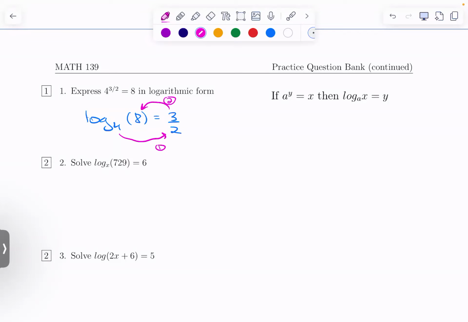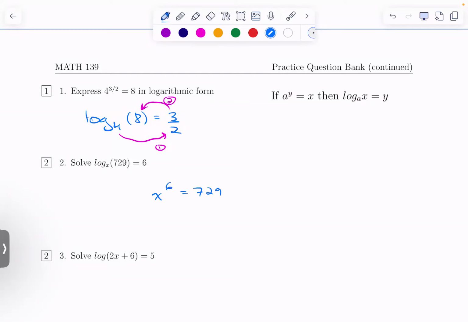What if you have to solve log base x of 729 is equal to 6? So I would use this formula again. Okay. Log base x of 729 is equal to 6, but map that back to here. You would get something like x to the power of 6 is 729.